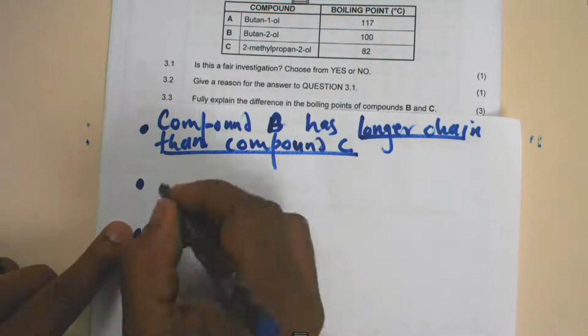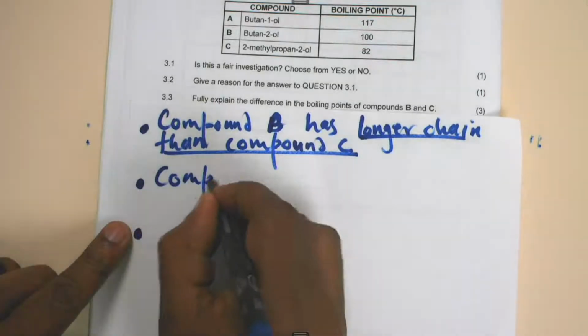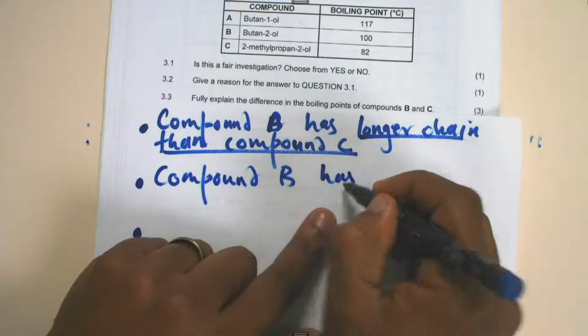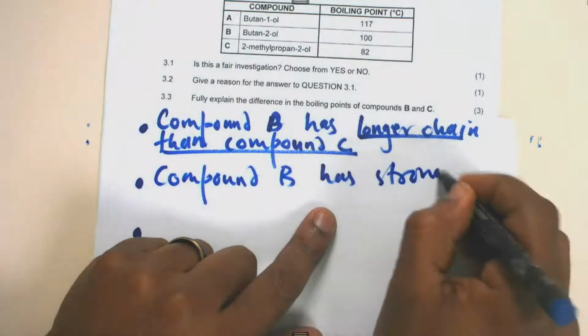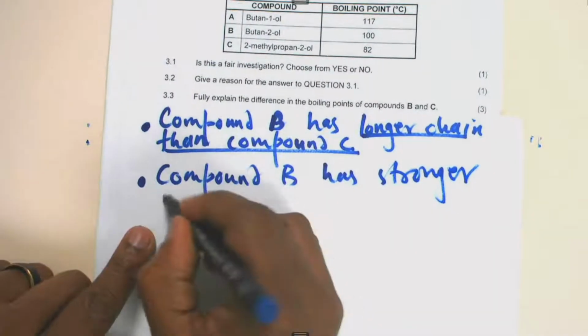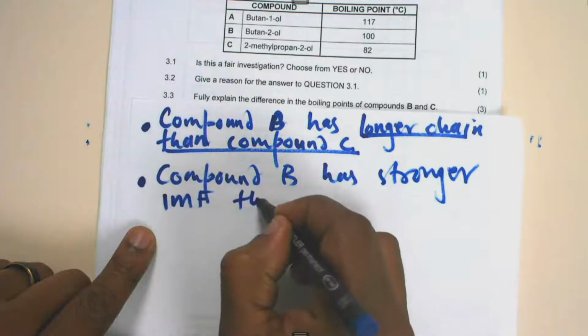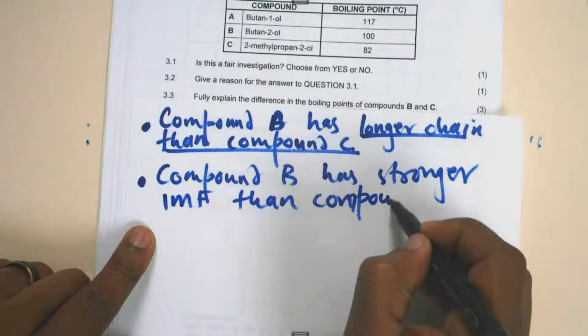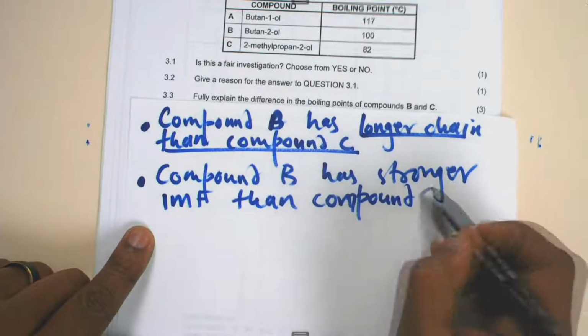So the longer the chain, the stronger the intermolecular forces. So I will be able to say now compound B has stronger intermolecular forces than compound C.